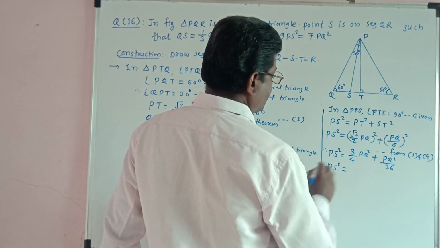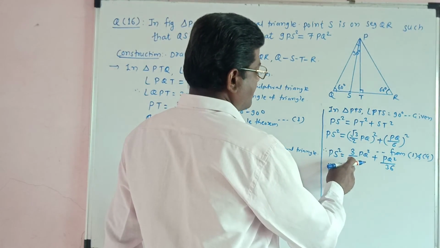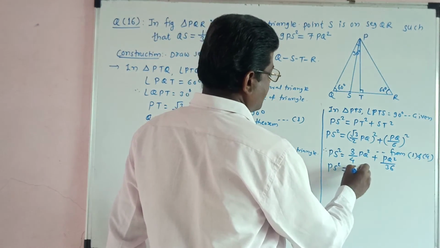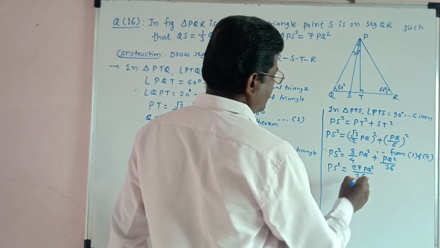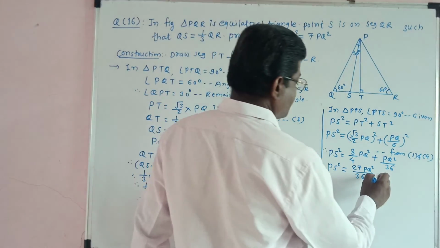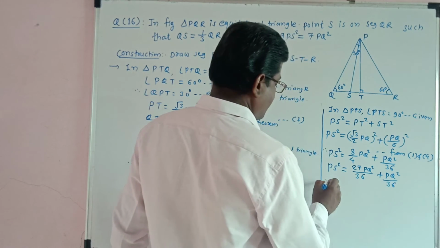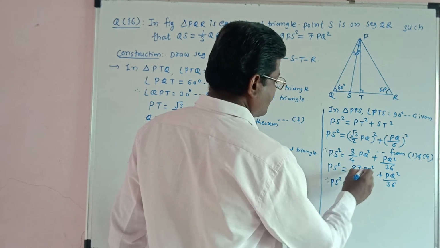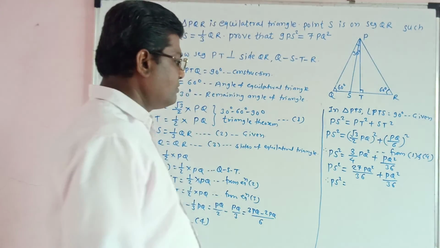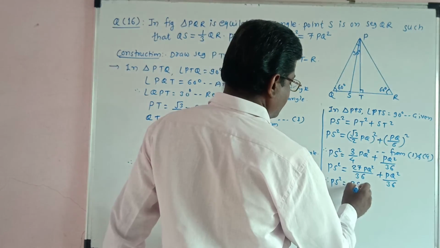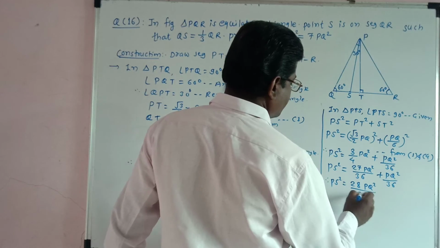Therefore PS square is equal to, multiply 4 by 9 and 3 by 9, 9 3s are 27 PQ square upon 9 4s are 36, plus PQ square upon 36. Therefore PS square is equal to 27 PQ square and 1 PQ square will be 28 PQ square upon 36.